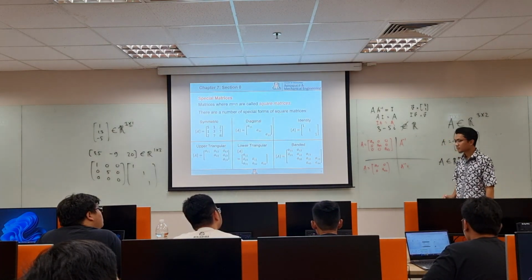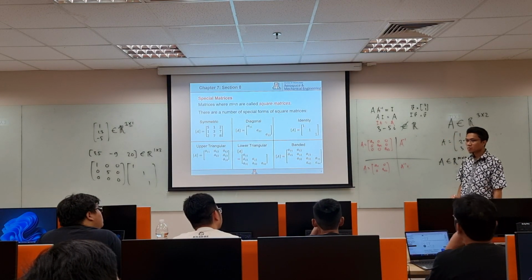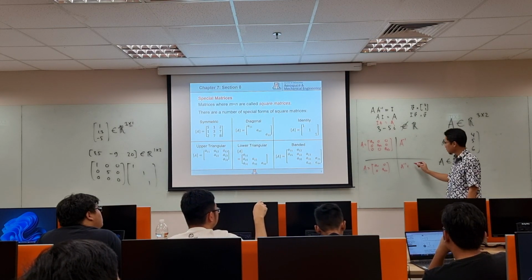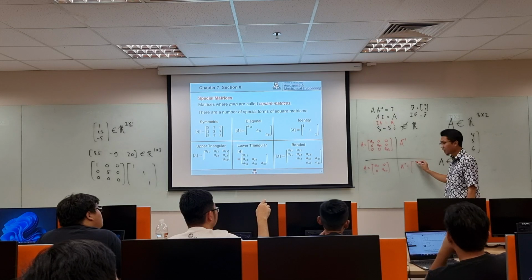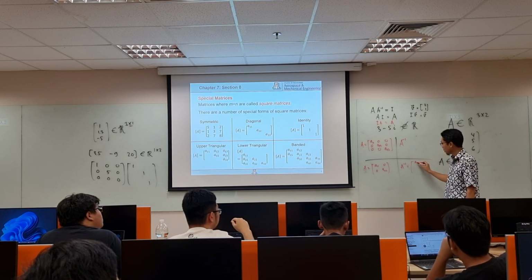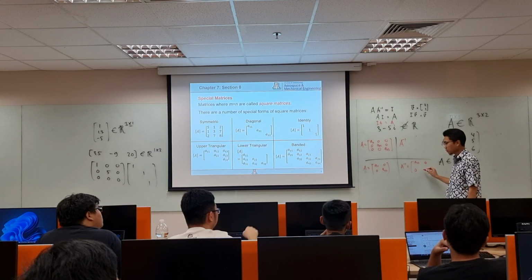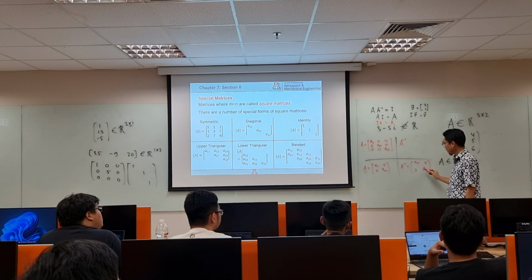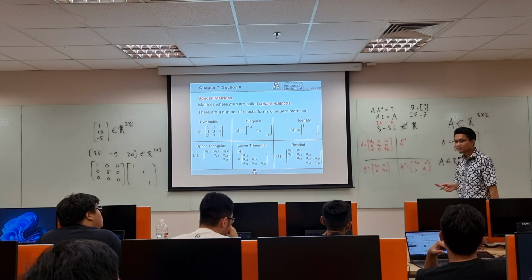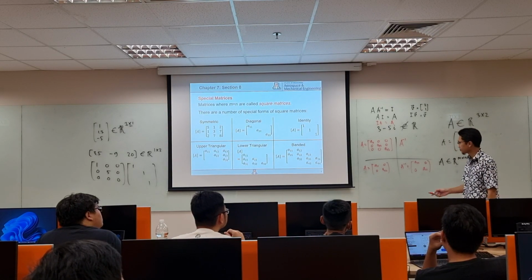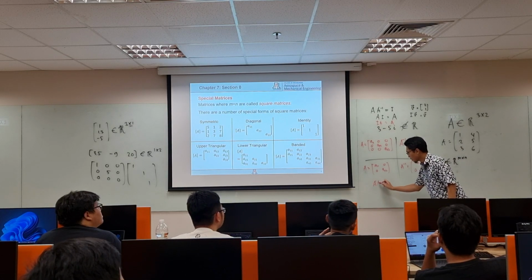A22 0 0 A11. Say that again. A22 here, on the left side, then 0 0, and A11. Okay, you multiply this. What do you get? One on the diagonal.